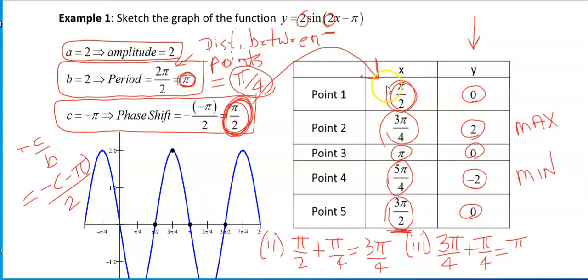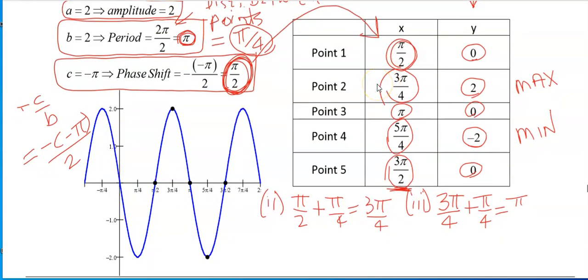Look, you see that? Now, they probably had a nicer grid than what we might get in some cases. At least you can see all the x values here. Pi over 2 and 0 is right there. That first black dot, that's your pi over 2 and 0. The next one is 3 pi over 4 and 2. That's that point right there. Then you've got pi and 0.